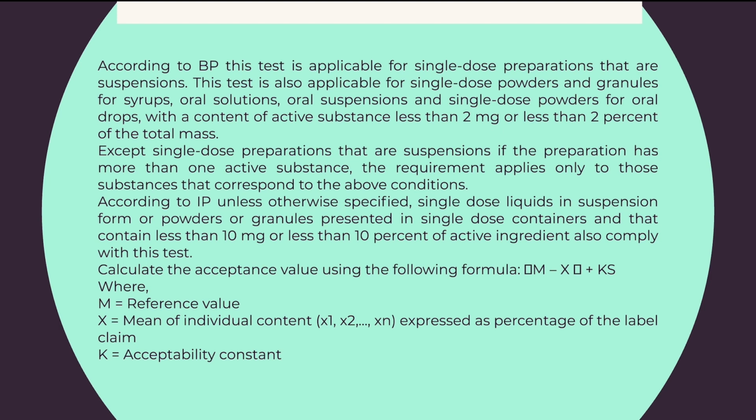Calculate the acceptance value using the following formula: M minus X plus ks, where M is the reference value, X is the mean of individual contents x1, x2, xn expressed as percentage of the label claim, and k is the acceptability constant.